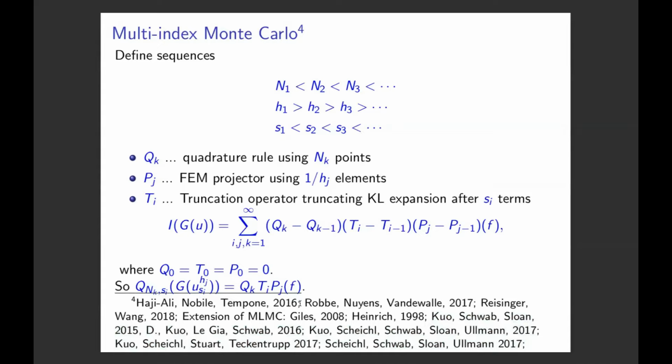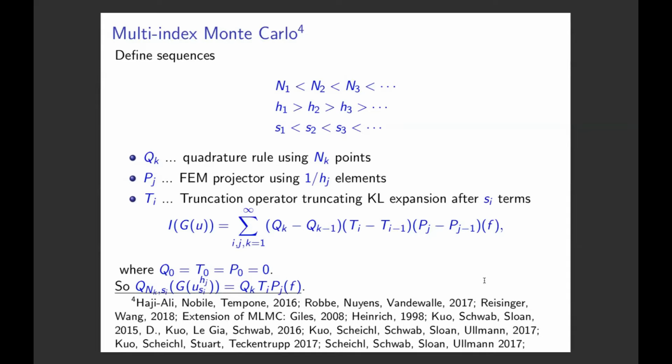The multi-index Monte Carlo has now been used in many papers as well. I'll just point out two papers here. The first one, by Robbe, Nuyens and Vandewalle, uses multi-index quasi-Monte Carlo.